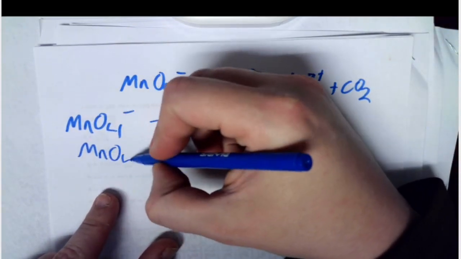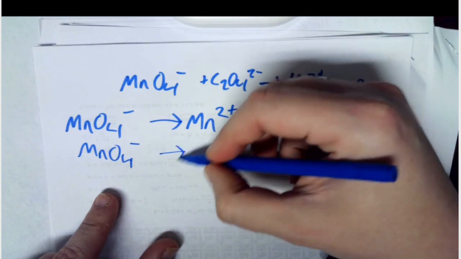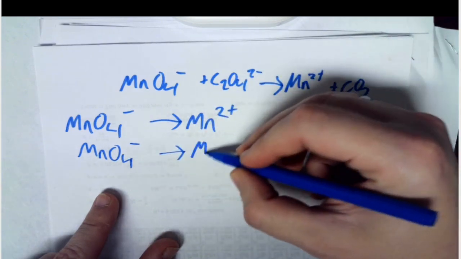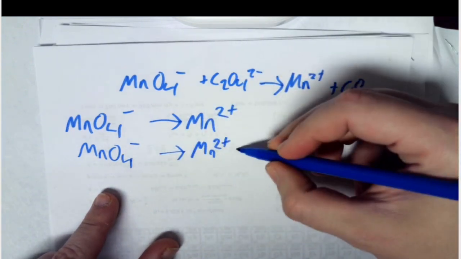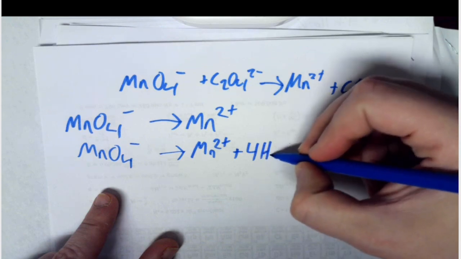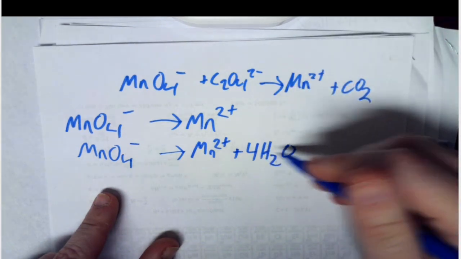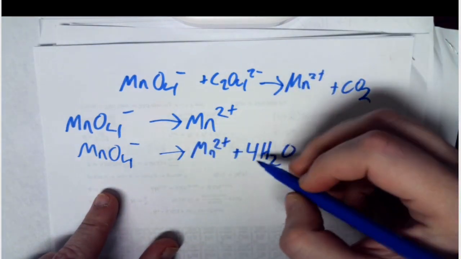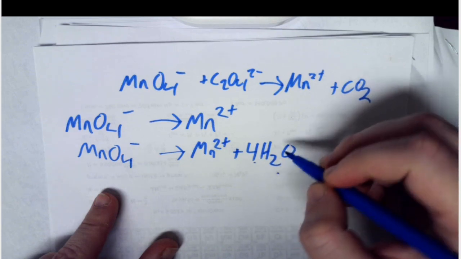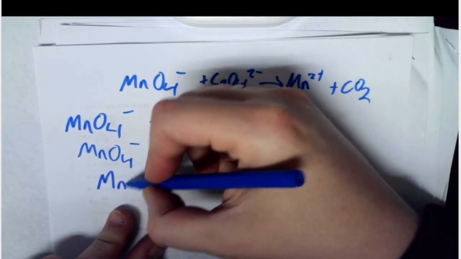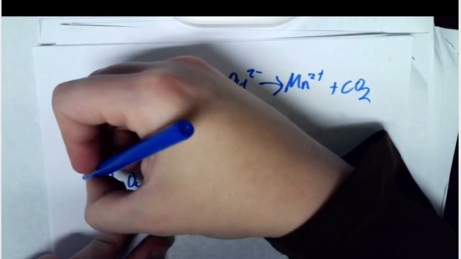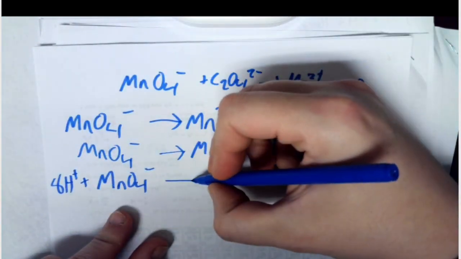There are 4 oxygens on the left, so there need to be 4 waters on the right. 4 times 2 is 8 hydrogens on the right, so I need to add 8 hydrogens on the left.